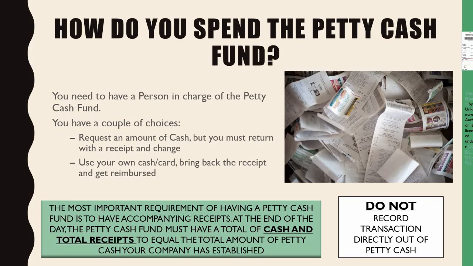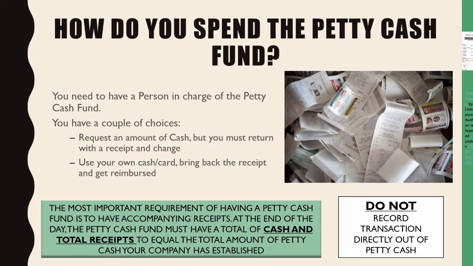Okay, now here we're going to determine how we actually spend our petty cash fund. If we are constantly taking money out of our petty cash fund, whoever's the manager of the petty cash fund needs to keep track of exactly what you've purchased, what you're taking the amount for, and come back and give me the exact change.